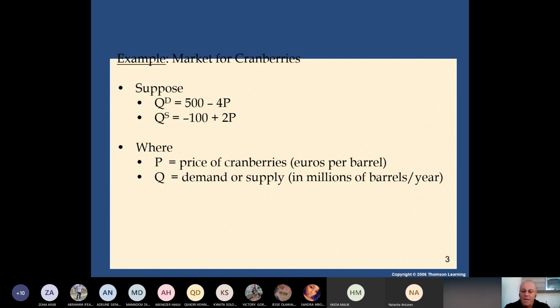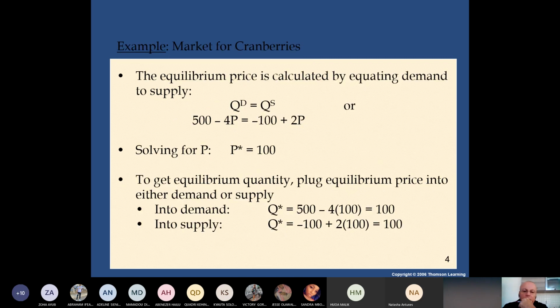Let's see. You see, Natasha, you probably made a mistake with the minus sign in this problem. So Abenezer and Huda get 5 points. Yes, the price is 100 and the quantity is also 100.